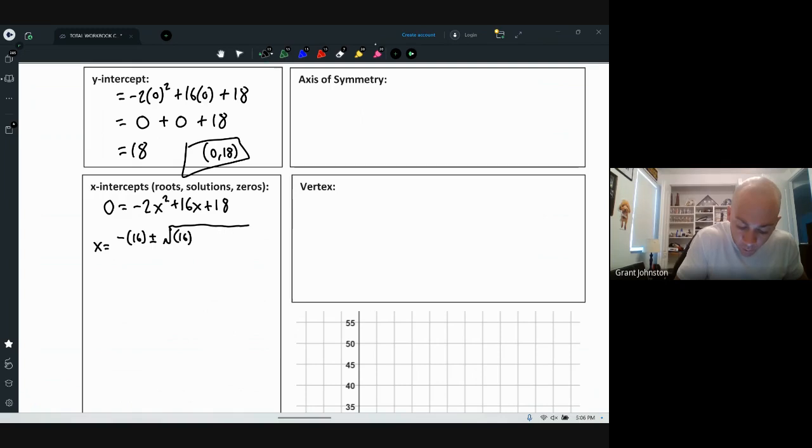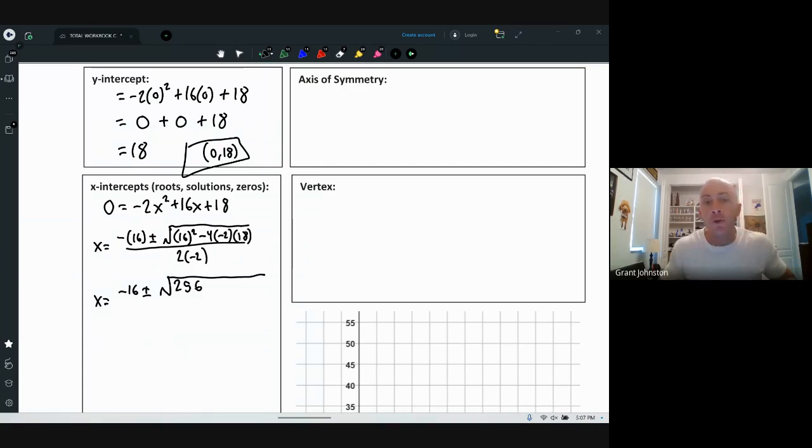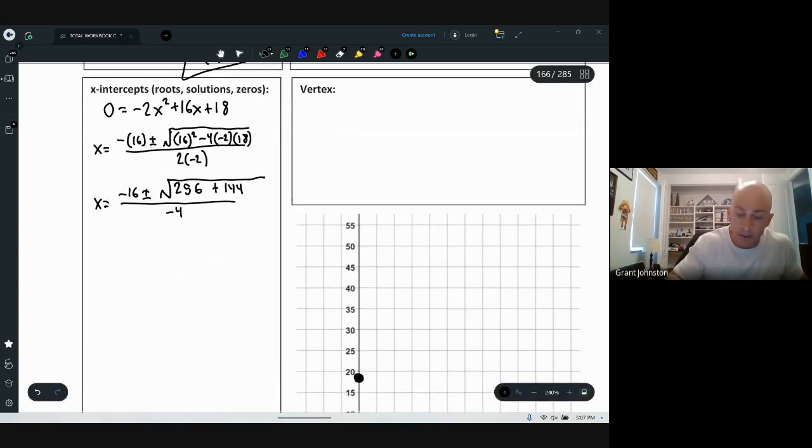So 16 squared minus 4a, where a is negative 2 and c is 18, over 2a, so 2 times negative 2. 16 squared is 256. Negative 4 times negative 2 is positive 8. 8 times 18 is 144, so plus 144. 2 times negative 2 is negative 4. Let's keep it moving.